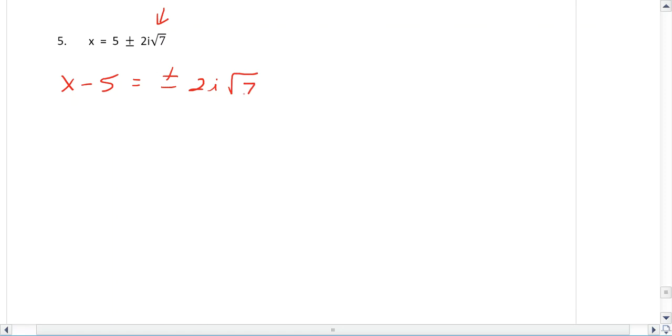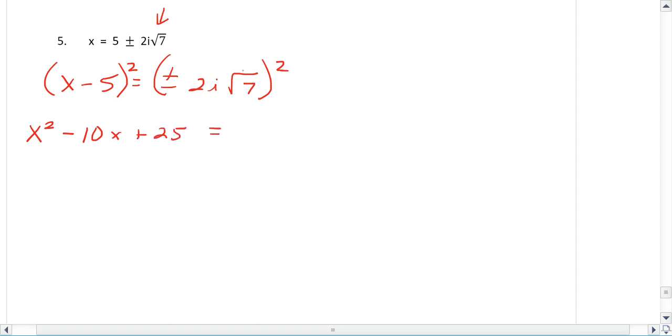2i square root 7. So now that we have this isolated, I can go ahead and put this in parentheses, and I can square this side, and then we're going to square this whole mess. So we're going to FOIL the left side of this equation to get x squared, negative 5x and negative 5x is negative 10x, and then plus 25.